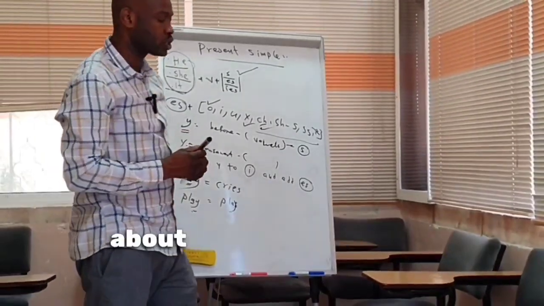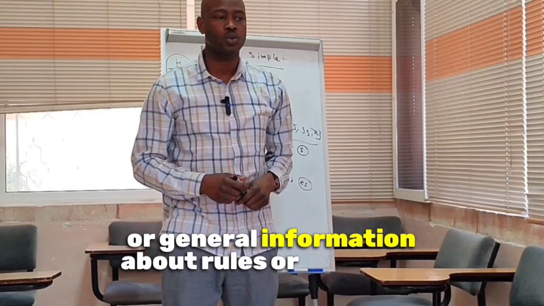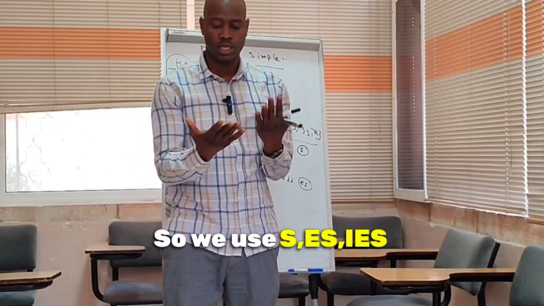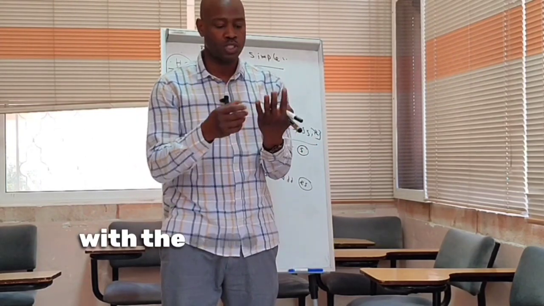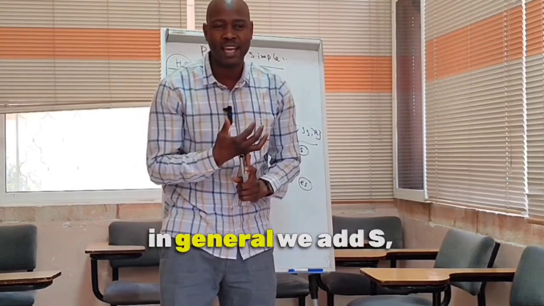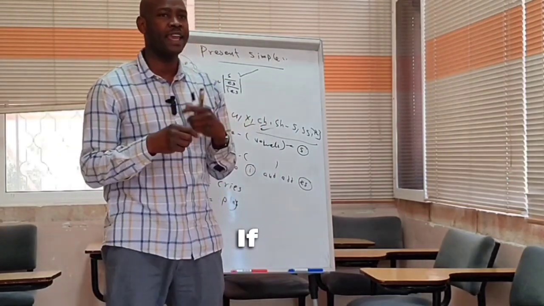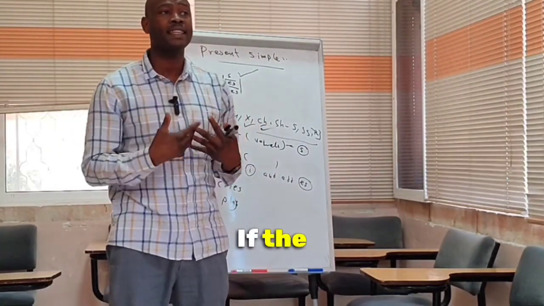So, present simple talks about habits, information, or general information about rules or routines. We use S, ES, IES with the third person singular he, she, it. In general we add S. If the verb ends with O, U, I, X, CH, SH, we add ES.